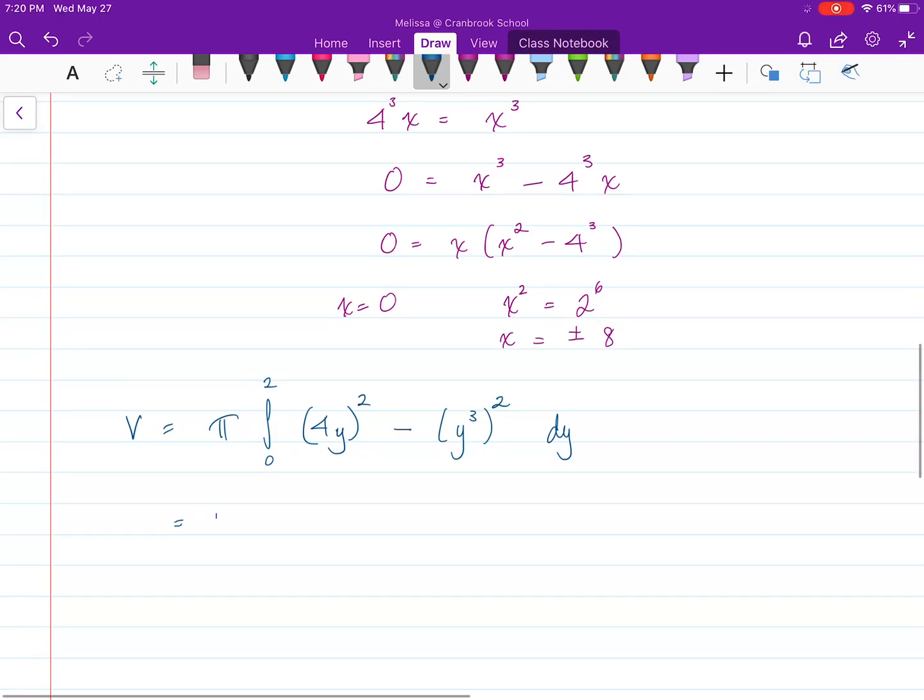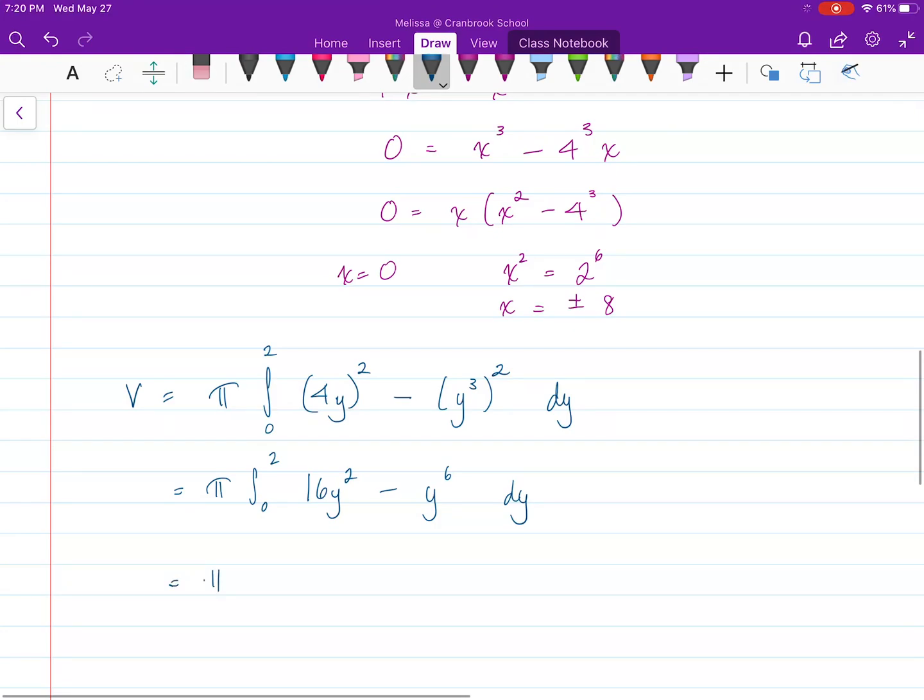Meaning, as long as I apply my indices correctly, and then I've got 16y squared, and I remember to square the 4, that would be a very low level mistake to make. Multiply my powers there. Considering that I might have just differentiated in a previous question, make sure that you actually integrate by adding 1 to your power. Again, that would be a matter of just not paying attention to detail.